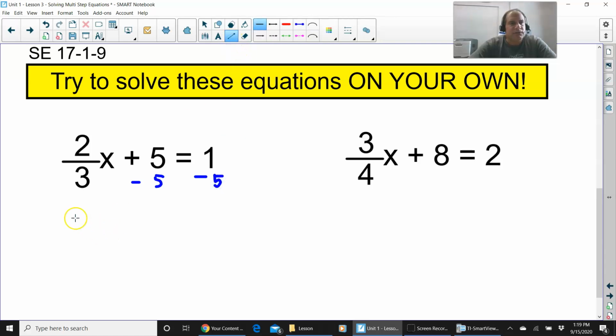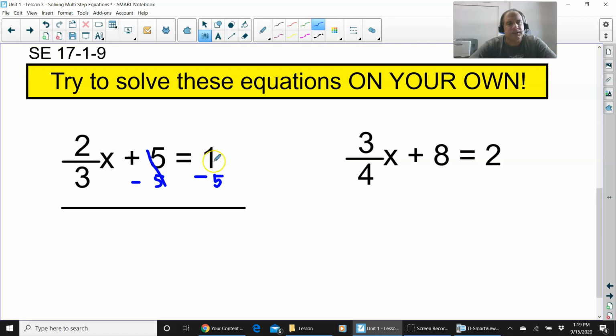Don't freak out. Just do what you normally do. You're going to subtract the 5. You have to get the 5 over to the other side. So now you have 2 over 3x equals -4. Now what most kids coming from the 7th grade do is divide by 2/3. You can. I'm not saying you can't, but I'm going to show you a different way.